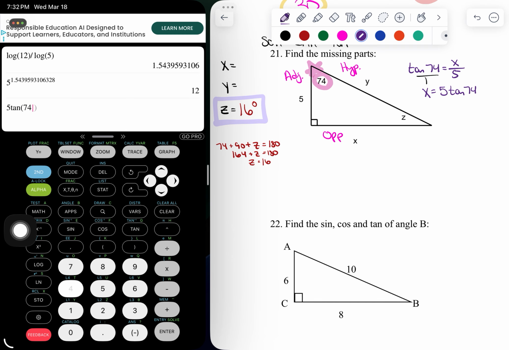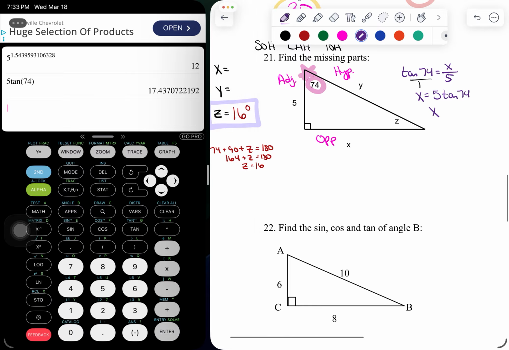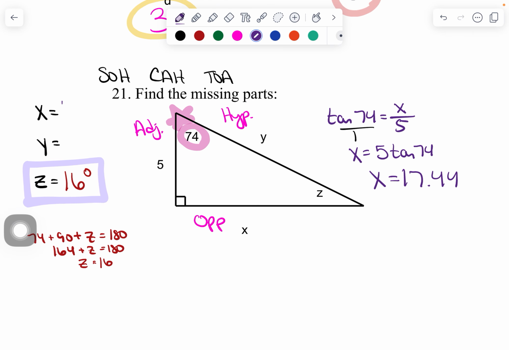Tangent 74 degrees. So that's going to be 17.44 if I round, which of course we are going to round. So 17.44, yep. That's my value for X, 17.44. That's not a degree, that's just an answer, that's a length.